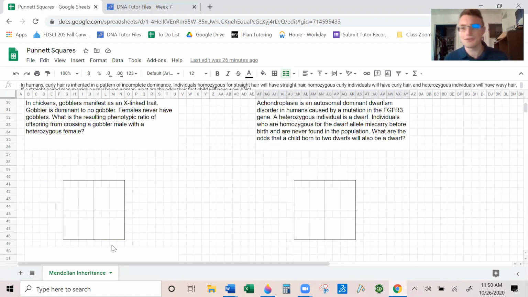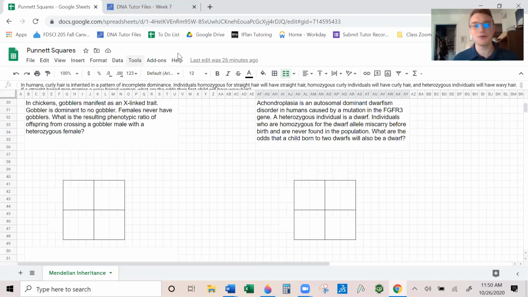Okay, we'll just work through this question here because I think it will help. In chickens, gobblers manifest as an X-linked trait. That's like their little thing underneath the throat. Gobbler is dominant to no gobbler. Okay, so let's look at this. First off, we're in X-linked again.